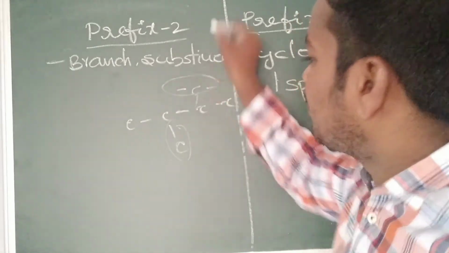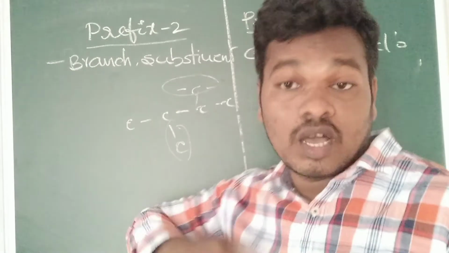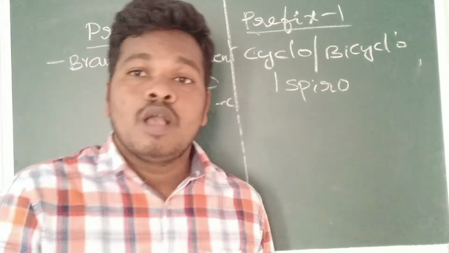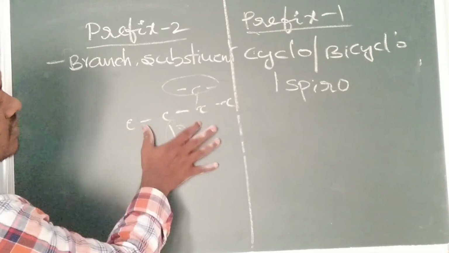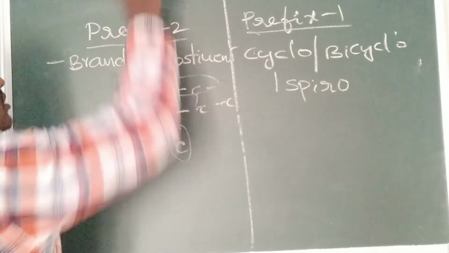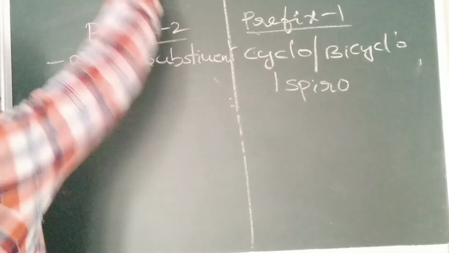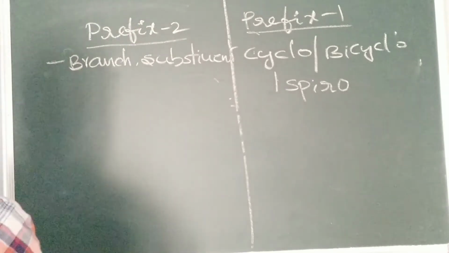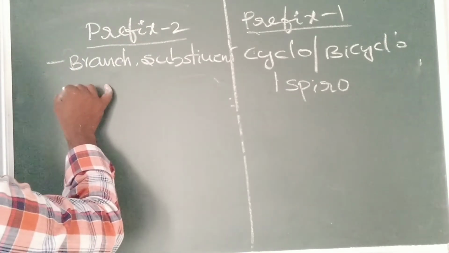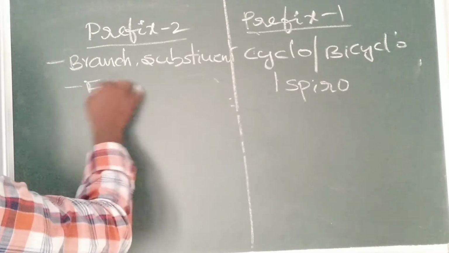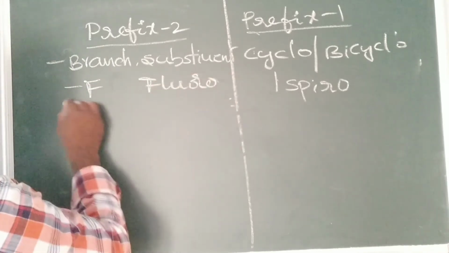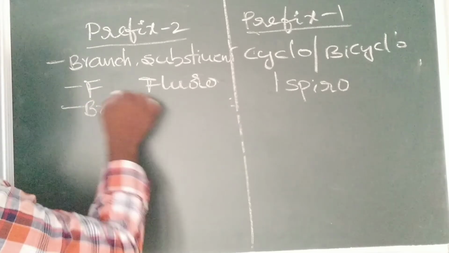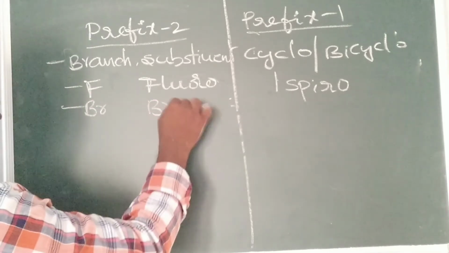This is called prefix 2. Branching or substituents, whatever it may be, on the principal chain, some chains are attached. That is called branched chains, and we include them in prefix 2. For example, if fluorine is present in the given molecule, we call it fluoro. If bromine is present, we call it bromo.